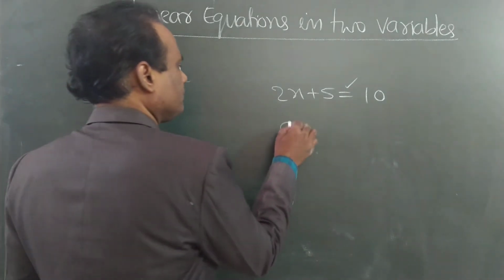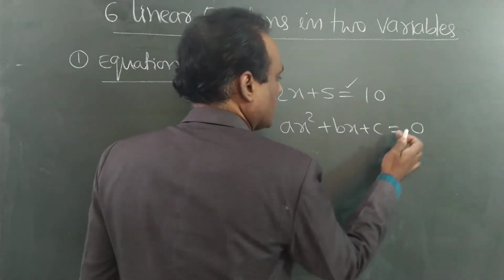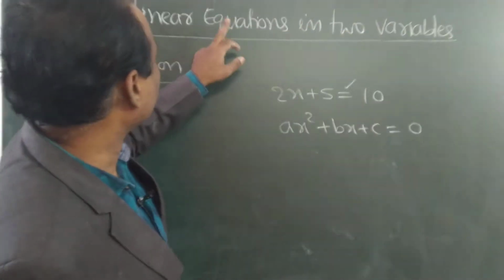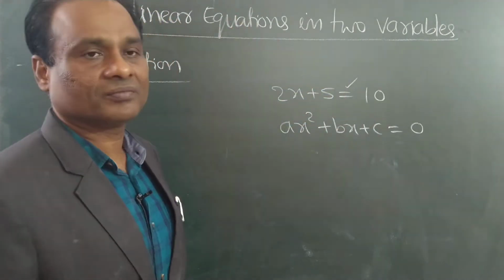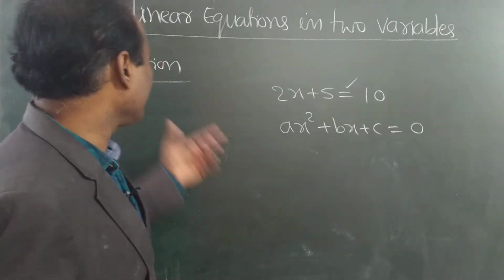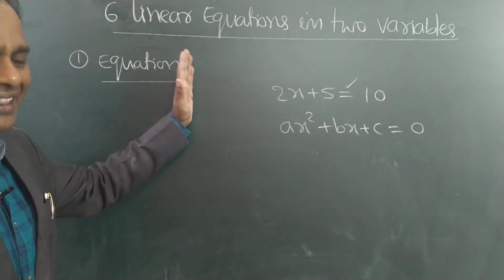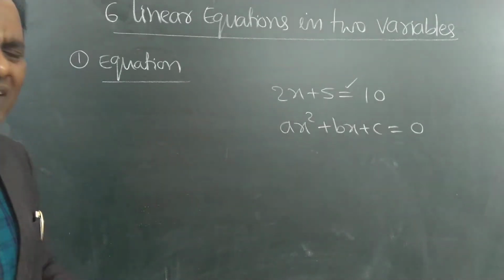See here, there is an equal symbol, it is an equation. Okay? Actually, the definition is not needed, it is silly to tell the definition because it started in the 7th class itself. But anyway, you write it down.